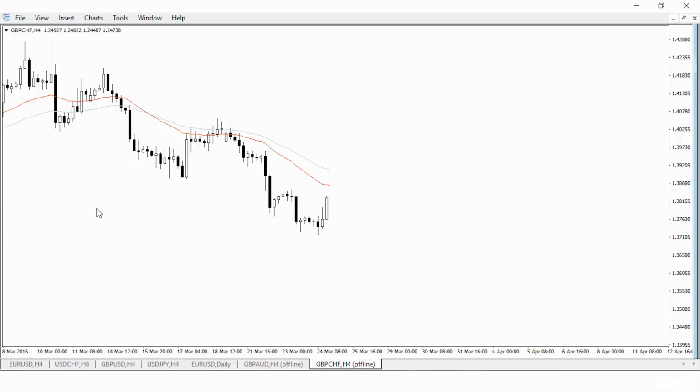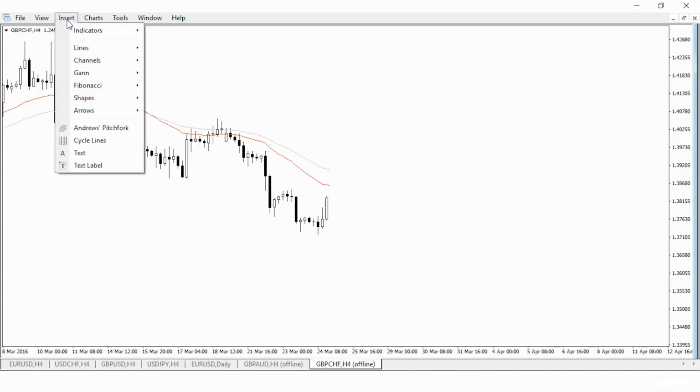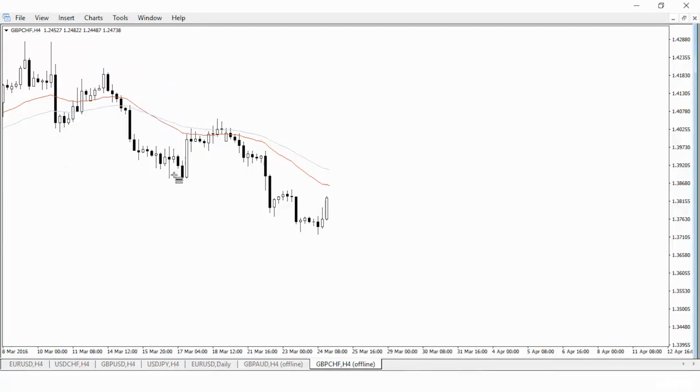Now, we don't know how far price will rise up to complete the market correction, so to identify the most probable retracement levels, we can use the Fibonacci retracement tool. So to have the Fibonacci retracement levels, click the Insert tab at the top left corner of the MetaTrader terminal. From here, select Fibonacci and then retracement. Now we are ready to use the Fibonacci retracement tool on this chart.